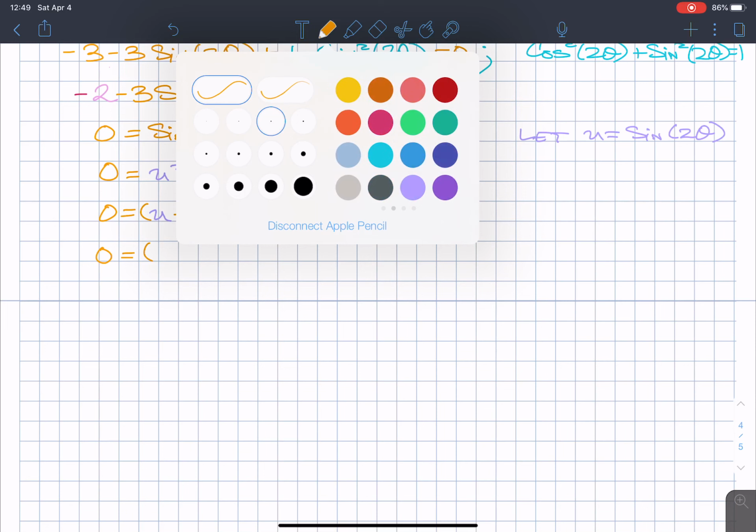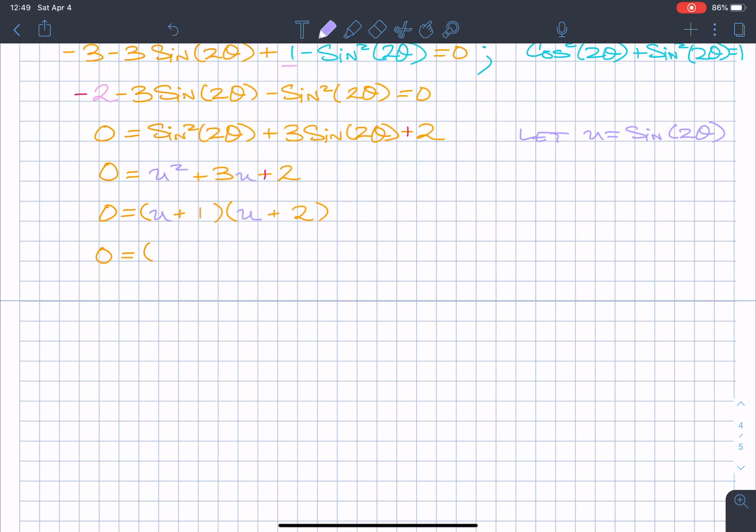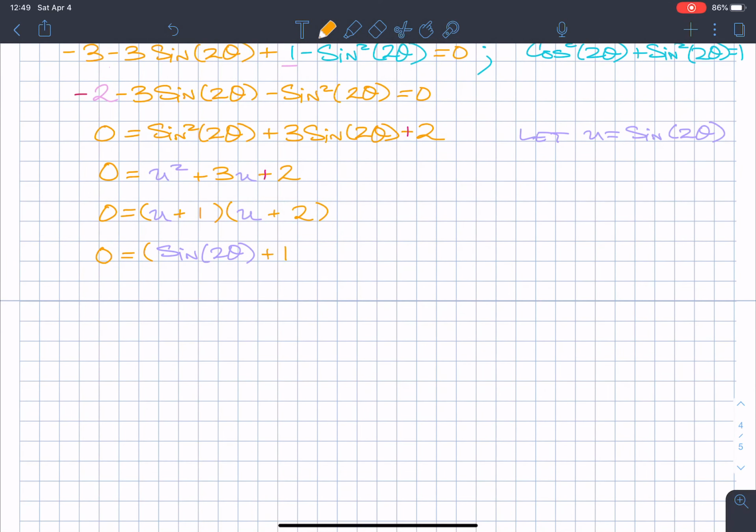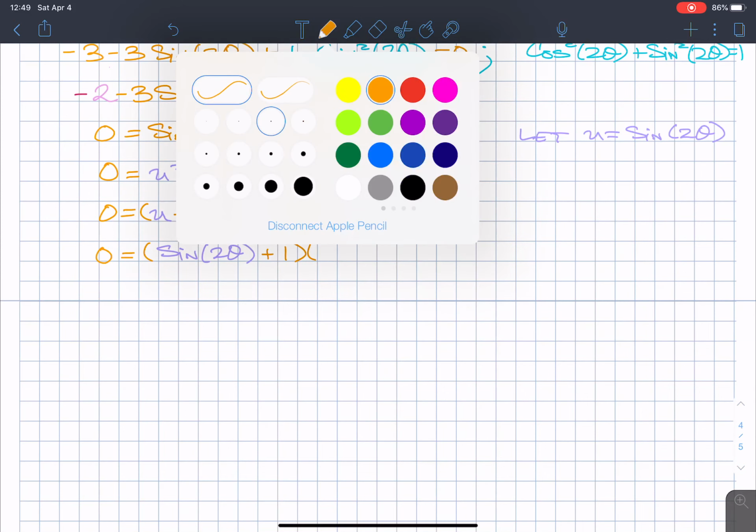So let's replace u with sine of 2 theta plus 1 and sine of 2 theta plus 2.